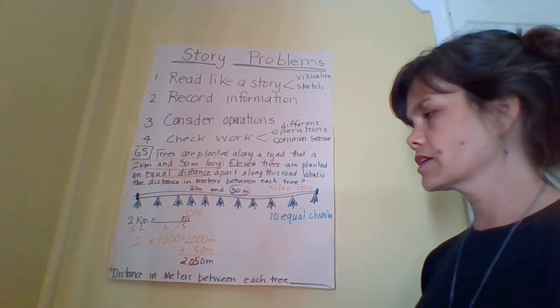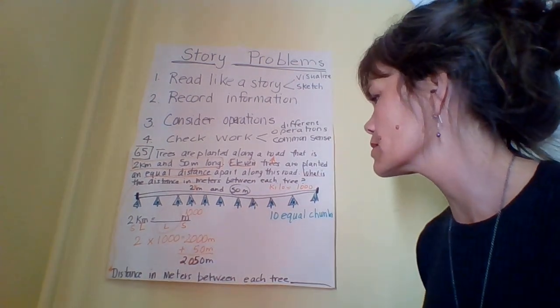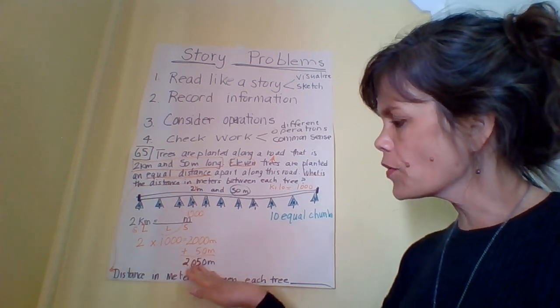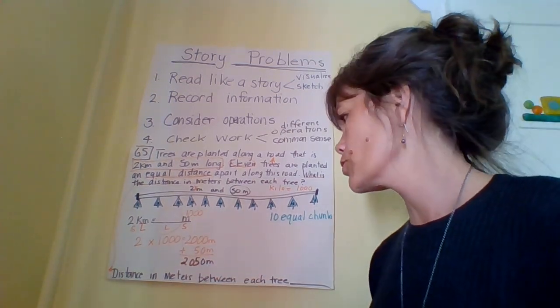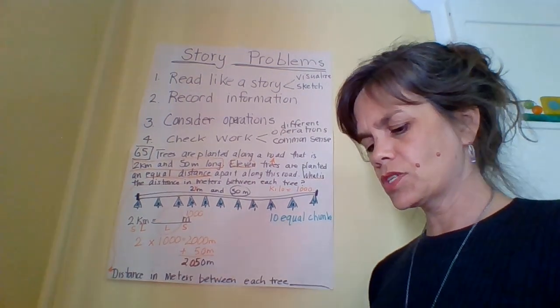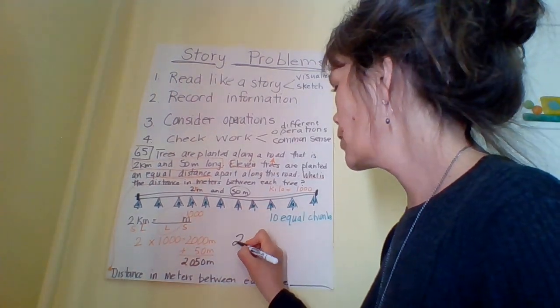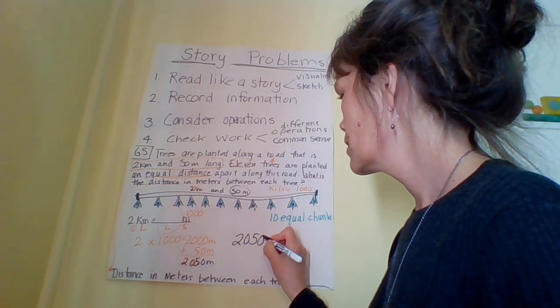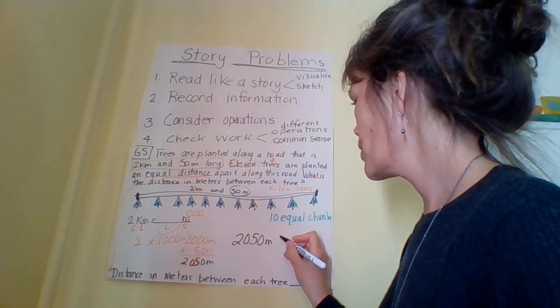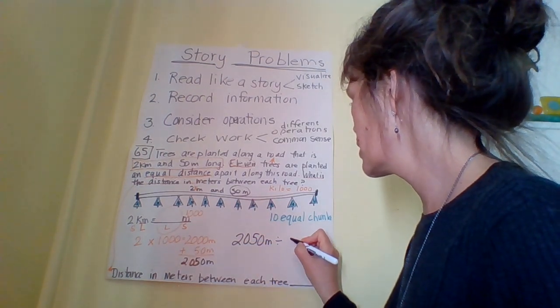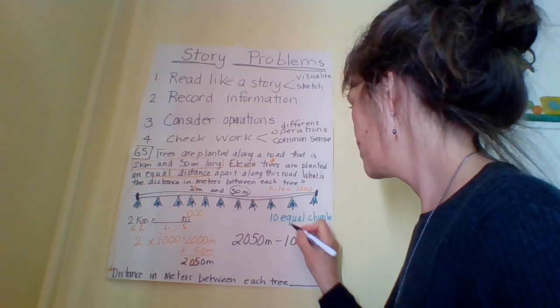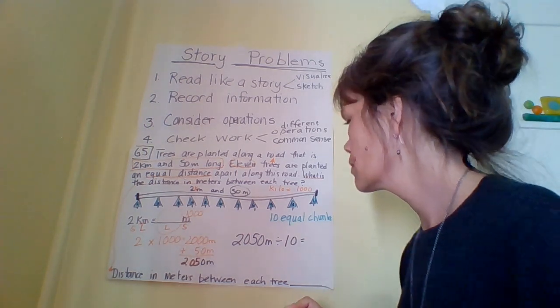Chunks is more interesting than distance. 10 equal distances. And I have 2,050 meters, and I need to divide it into 10 equal chunks. And so I'm going to write that. 2,050 meters divided by 10. 10 equal chunks.